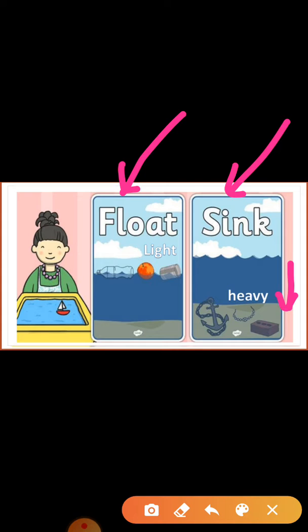Sink is for heavy things, they sink in the water. So here, float up, light; sink, heavy, down.